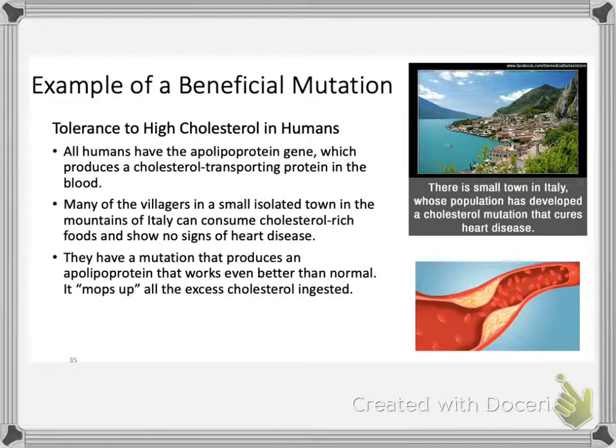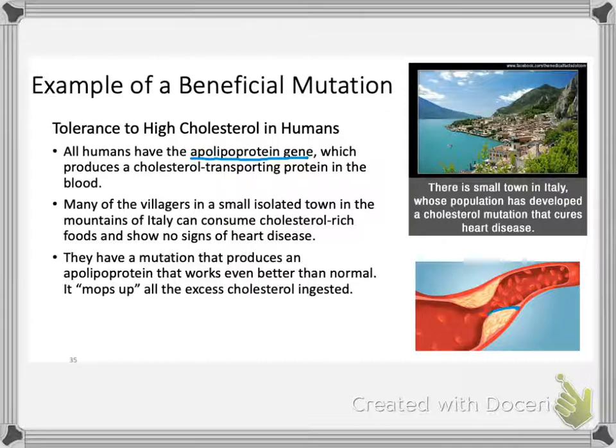We talked about skin color being a beneficial mutation, but here's another example of a beneficial mutation, and it's tolerance to high cholesterol. So every person has this apolipoprotein, and this protein basically traps cholesterol in our blood.